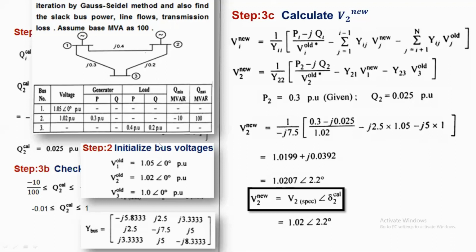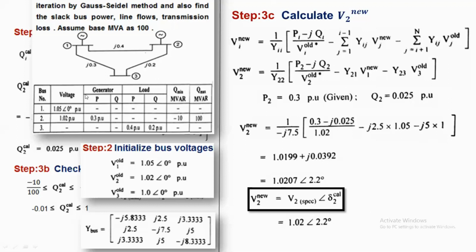Then substitute. Therefore, the answer becomes 1.02 angle 2.2 degree. I told you first, the magnitude value will not change; only the angle changes for the generator bus. Now the generator bus calculation is over. Then go to the next bus.